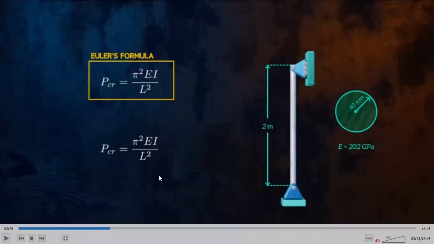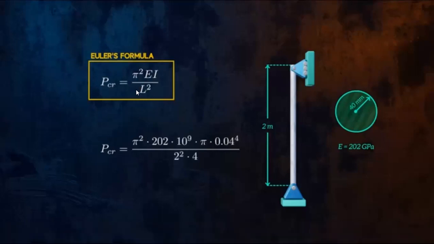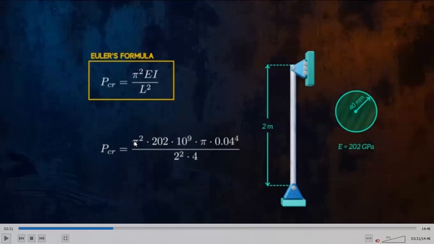So let's check some of the videos. You can see that this is pin and this is pin end. If you calculate the critical buckling load, K is 1 and pi is 3.14. These material properties are given so that you can calculate the critical buckling load.